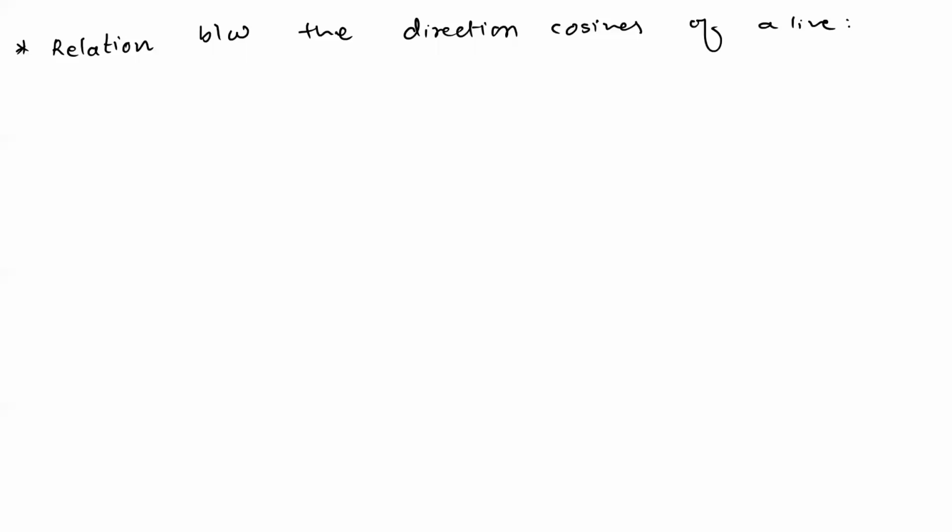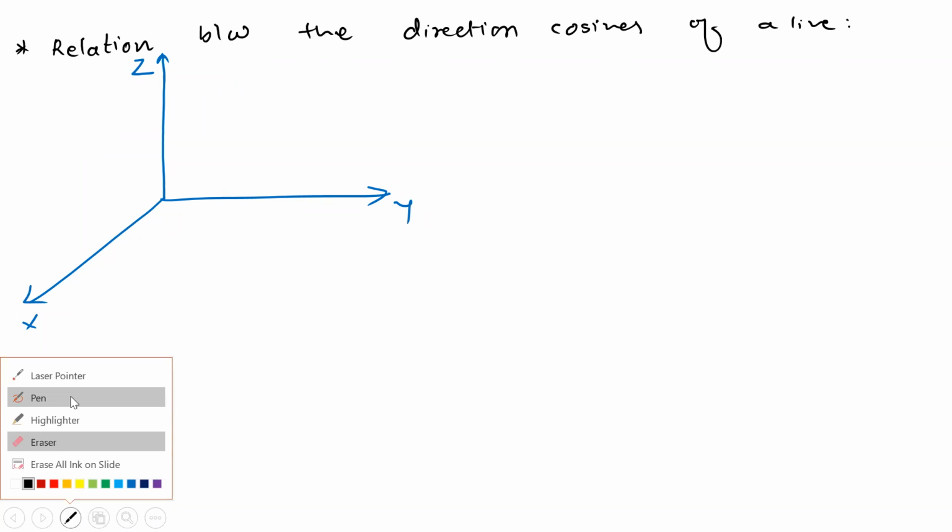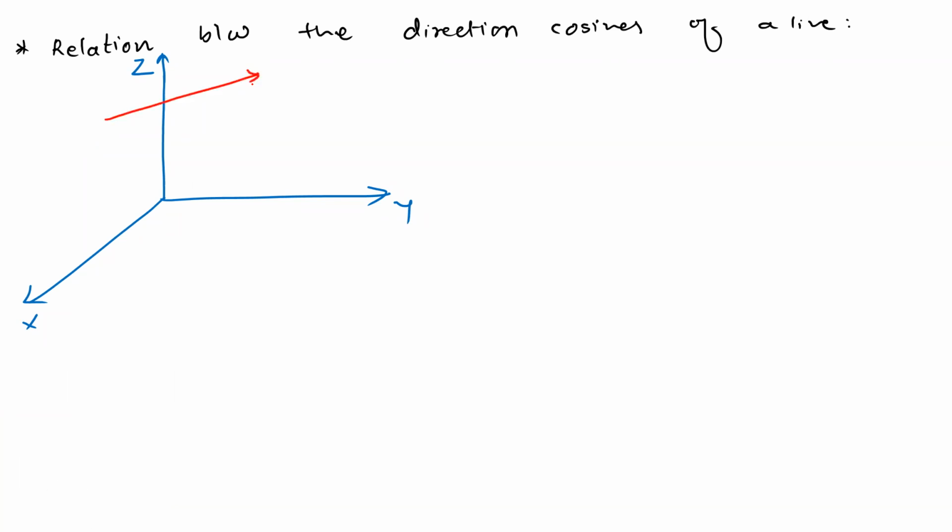Suppose we have a diagram. Let's draw a diagram with X, Y, and Z axes. Suppose we have a line AB, and parallel to that, passing through the origin, a line OP is there, so it makes angles alpha, beta, and gamma.